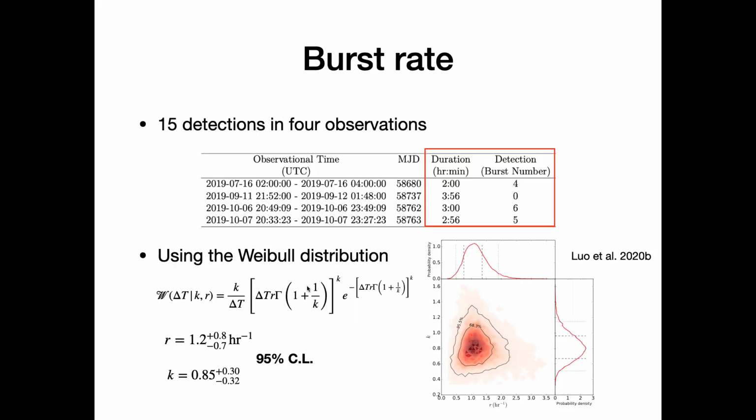We used the Weibull distribution to measure burst rates. We found the burst rate is about 1.2 per hour. And the shape parameter here is very close to 1. That may indicate that the waiting time distribution can be well described by a Poisson process.